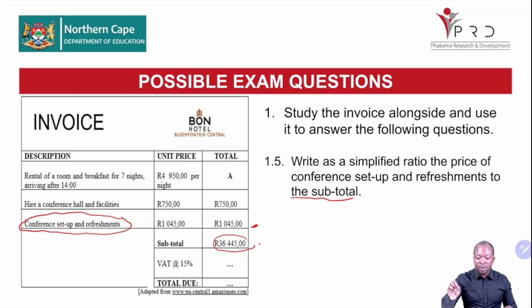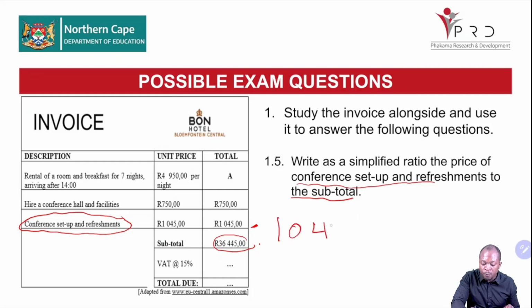What was the first value that was mentioned? Conference setup and refreshment. So you write 1045. Then when they say to, you put your two dots there. What is the next value that was mentioned? They said subtotal. So what's our subtotal value? 36445.